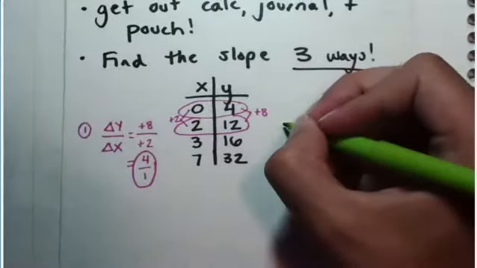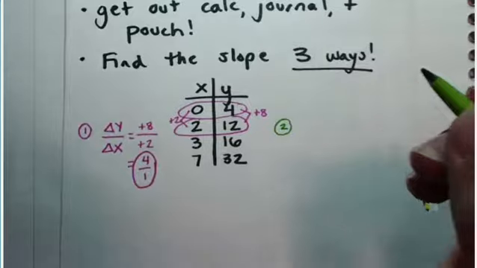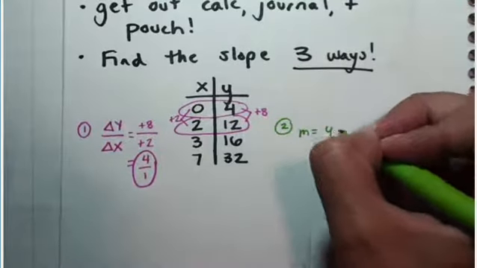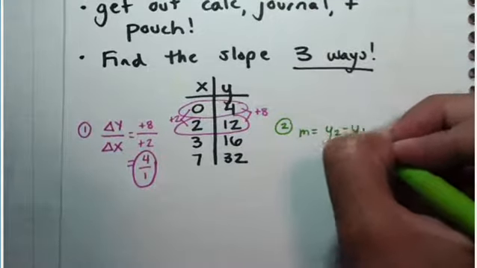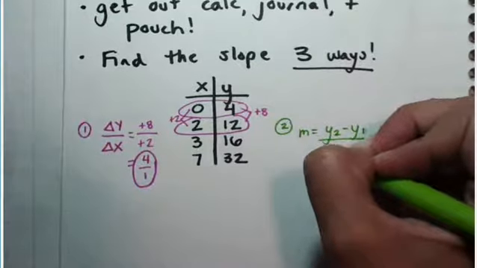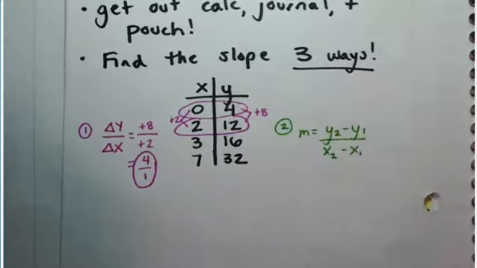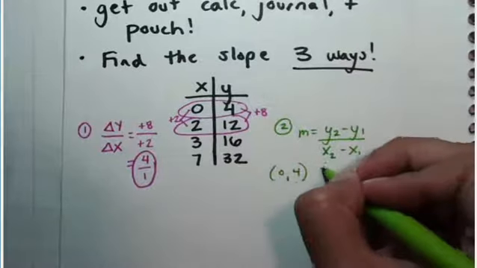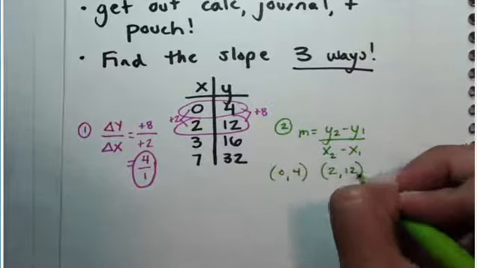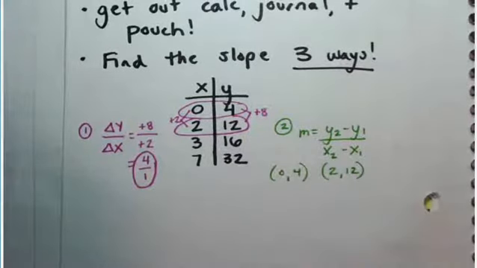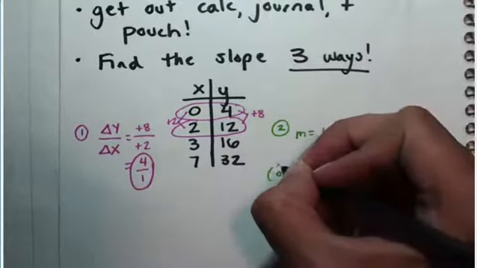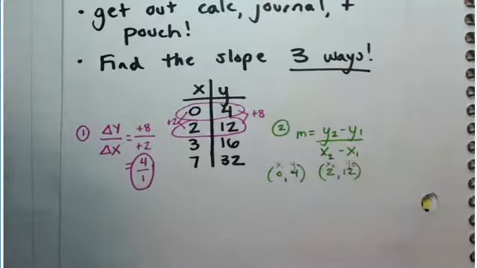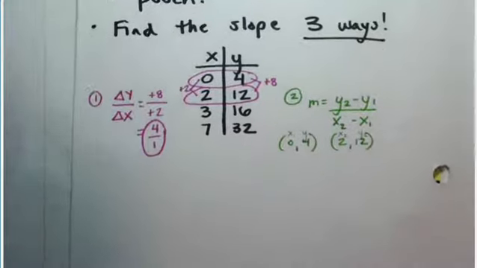Okay, the second way I'm going to find the slope is, I'm going to use those same points again, and I'm going to use the formula y2 minus y1 over x2 minus x1. So the points that I have are 0, 4, and 2, 12. So just to relabel those, this is my x1, y1, x2, y2. Again, if you don't have this method, go ahead and write that down.